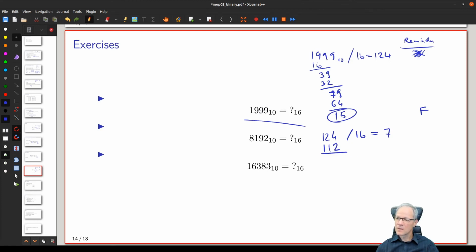And what's the remainder? So this is 2 and this is 1. So the remainder is 12. And 12 is C, right? And then the final remainder, 7 divided by 16. The remainder is going to be 7, and the result is going to be 0, obviously, right? So therefore, the answer is 7CF in hexadecimal.